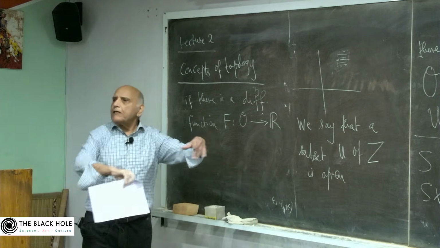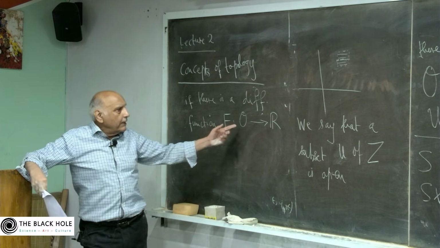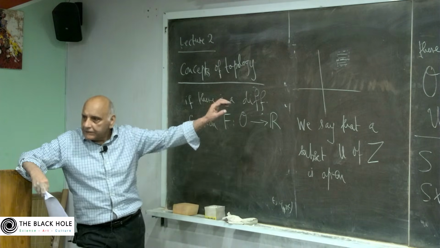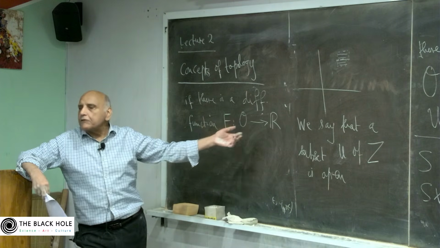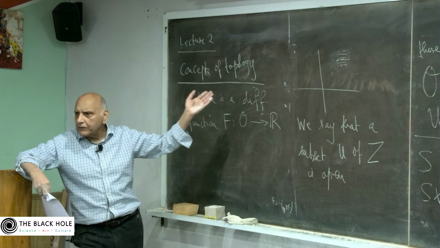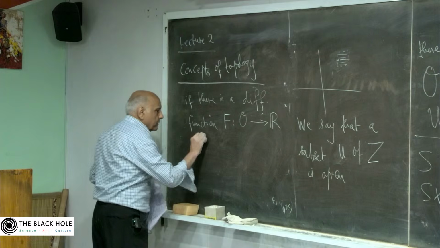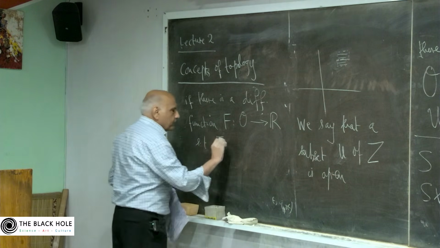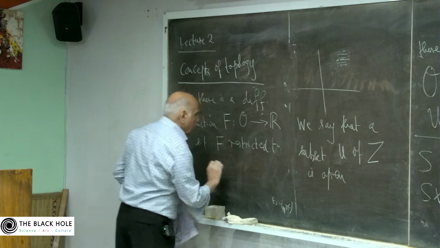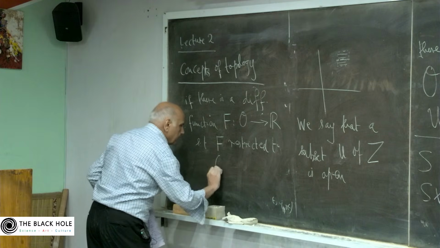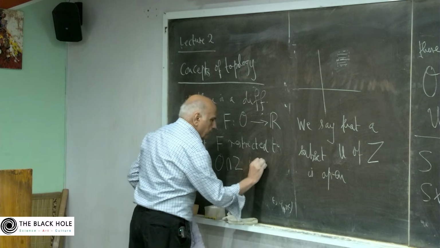You know, when we are in Euclidean space, it's clear that all the components of the function, this f of x1 up to xn, it should be a differentiable function of each of the variables and should have continuous partial derivatives, the usual definition of advanced calculus. So if there is a differentiable function F from O to R such that F restricted to O intersection Z is equal to f.